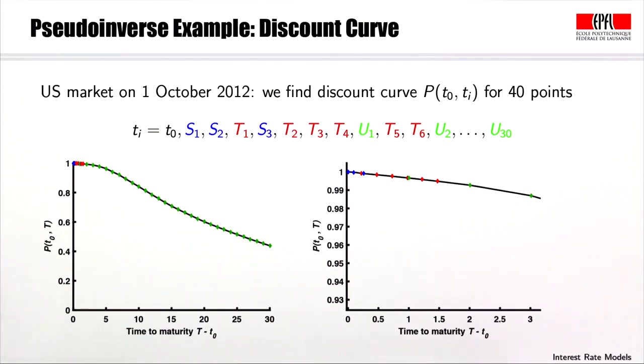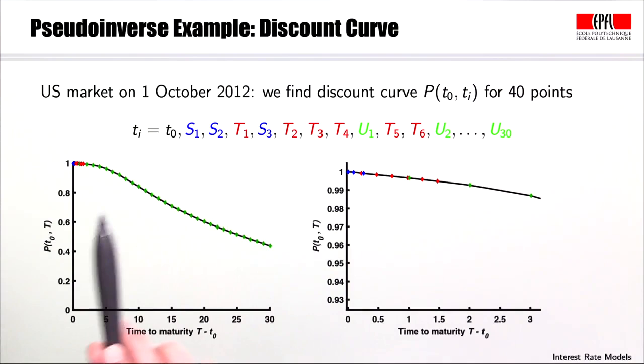Let us revisit the example that we saw in the bootstrapping example, US market data from the 1st of October 2012. We had 39 cash flow dates, including the spot date. We had 40 points on the discount curve.